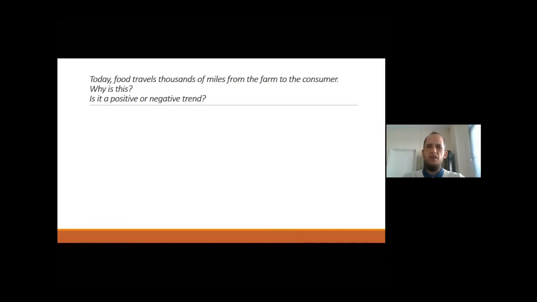What are we really looking at? This one's fairly easy. We're looking at food, and we're looking at how it travels. We'd probably want to have a look at farm and consumer. There would be 2 words there that we'd want to be paying attention to. We want to answer the question why, and we want to say whether it's positive or negative. So a very simple question.